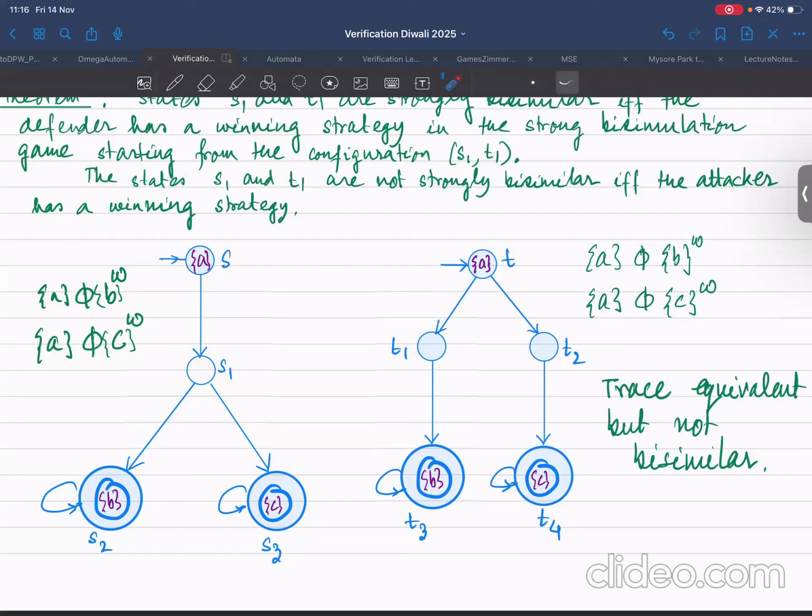Is the question clear? It follows from the definition.